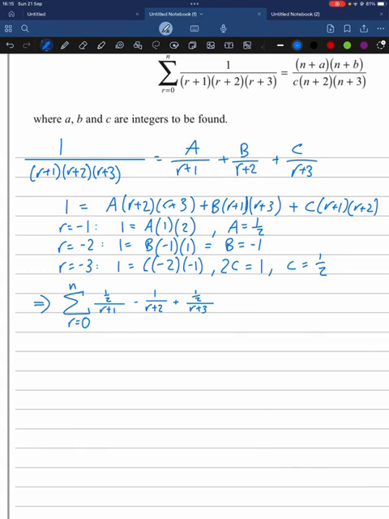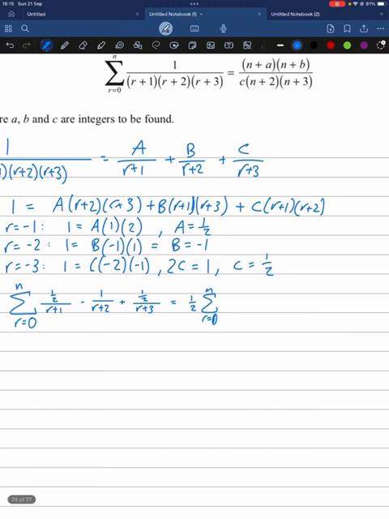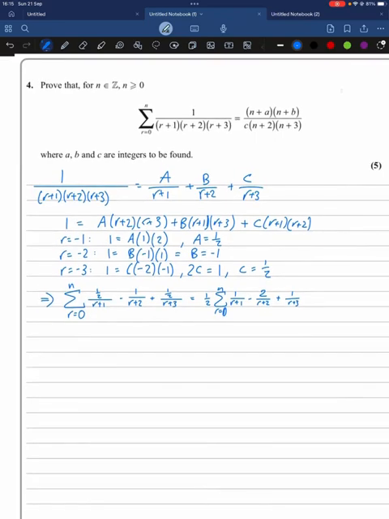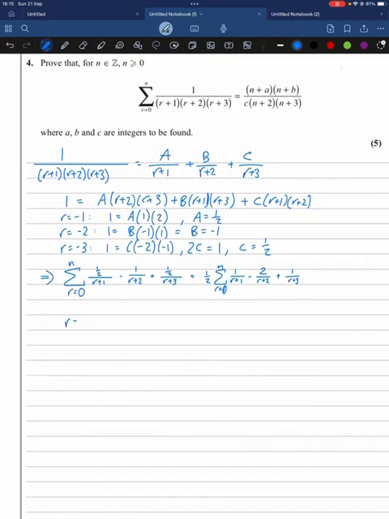Now to make things simpler, we'll just factor out a half, so we get a half the sum from r equals 0 to n of 1 over r plus 1 minus 2 over r plus 2 plus 1 over r plus 3.